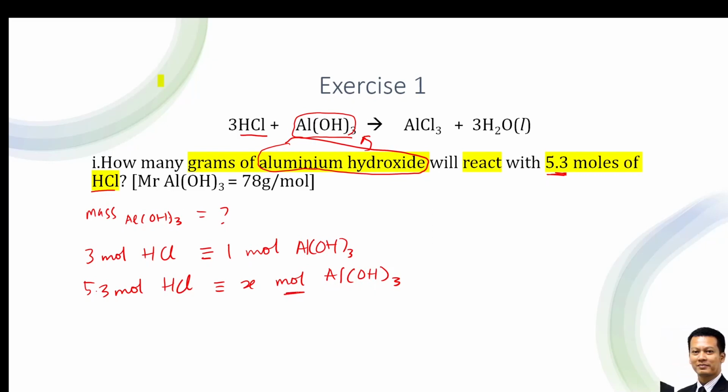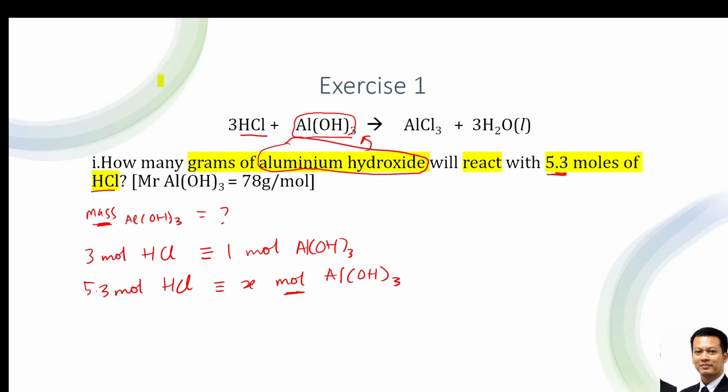Why do we need to find mole? You are actually looking for mass. If you remember from slide number 2, I already told you that in stoichiometry, we always relate to mole first, and then to the mass, to the volume.